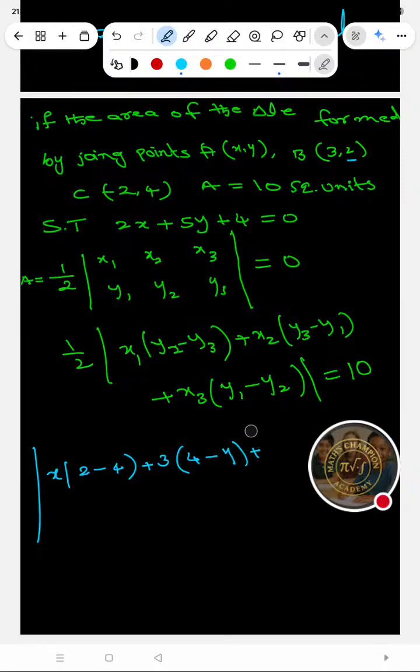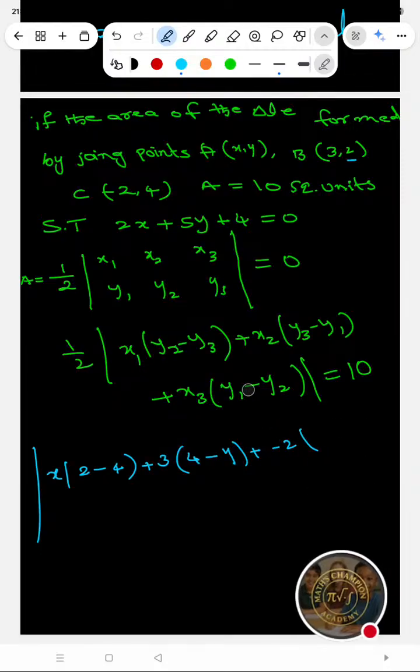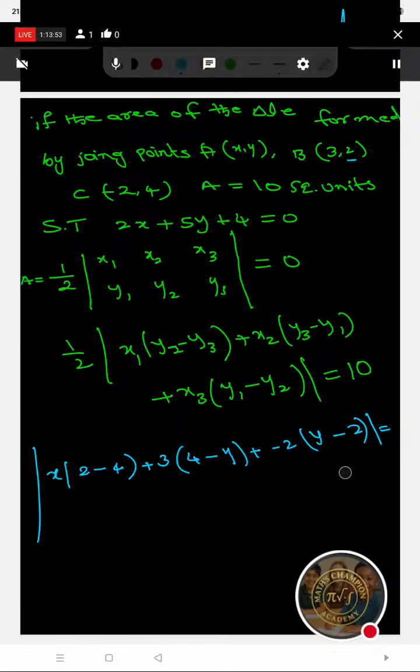Again plus x3, the value is minus 2, times y1 minus y2, that is y minus 2, is equal to 10 into 2.